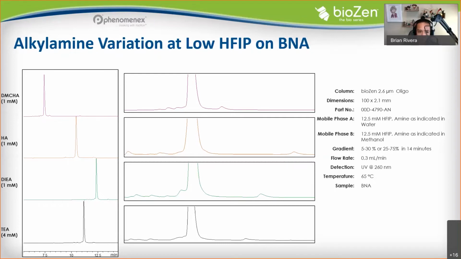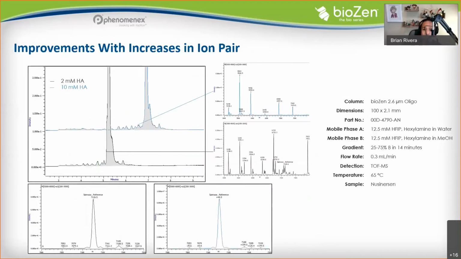However, that higher amount of ion pair is still probably going to improve things. You're probably still going to get better spectral quality data, and that really is twofold. Not only do you tend to get an improvement in sensitivity, but that improvement in separation with the higher amounts of ion pair can actually start to separate out some impurities.